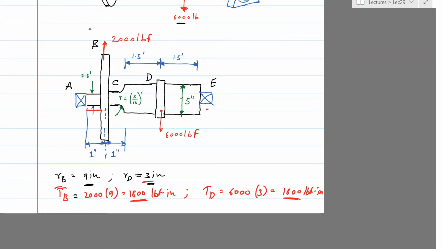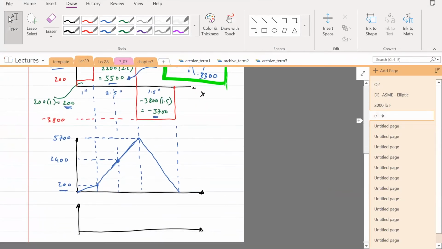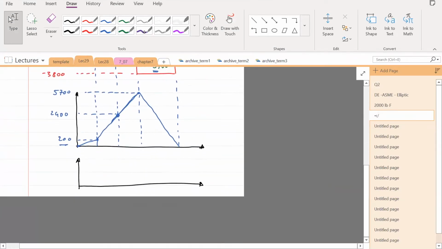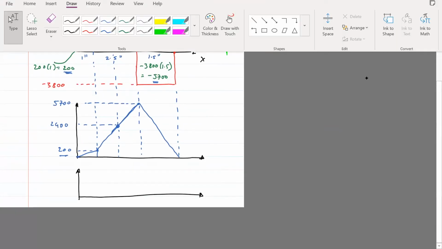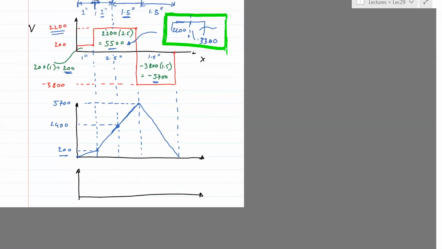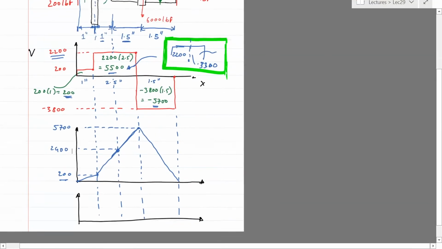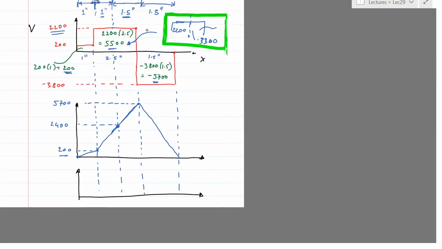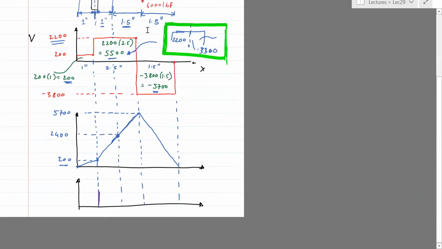So the torque diagram will be something like this. Okay, so it will start right at gear B and then end at gear D.